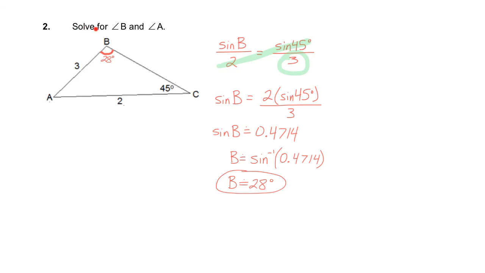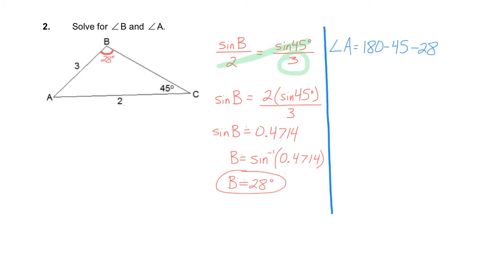Now, the question is still asking us to solve for angle A. We could go through a similar process using the sine law to find angle A, and if you want more practice using the sine law, you can certainly go ahead and do that. However, notice this. We know two angles now. That means we can figure out the third angle, knowing that they all have to add up to 180 degrees.